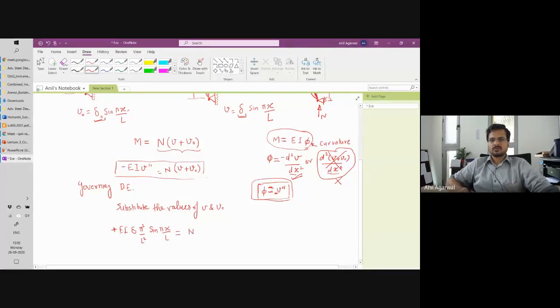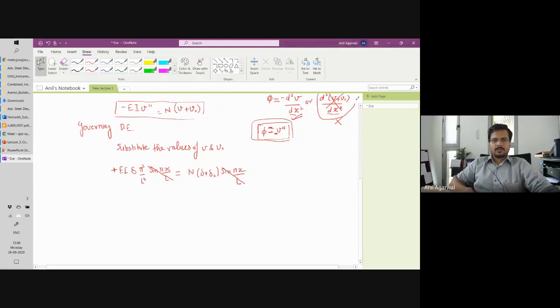Likewise, this will be equal to N. Now for V, I will substitute here, and V naught I will substitute from here. What do I get is delta plus delta naught, right? Sine pi x divided by L. All right. So sine pi x divided by L and sine pi x divided by L can be cancelled out.